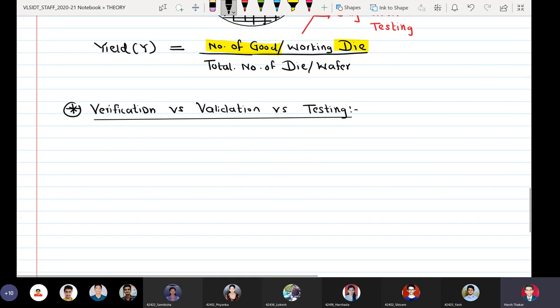There are fine differences which you can mention. Verification basically refers to formal proof of correctness.